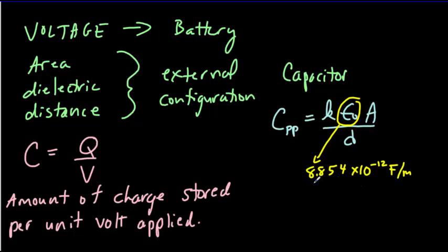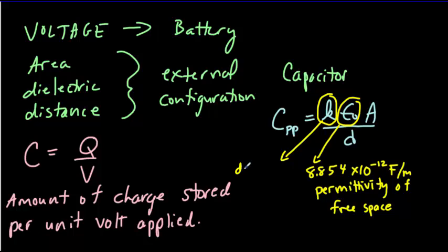So it's just a constant, and that constant is called the permittivity of free space. This K here is sometimes called the dielectric constant, or the relative permittivity of our dielectric material. So for instance, if we've got air or a vacuum inside of our parallel plates, the K value would be 1, and we would really just be using the permittivity of free space here.